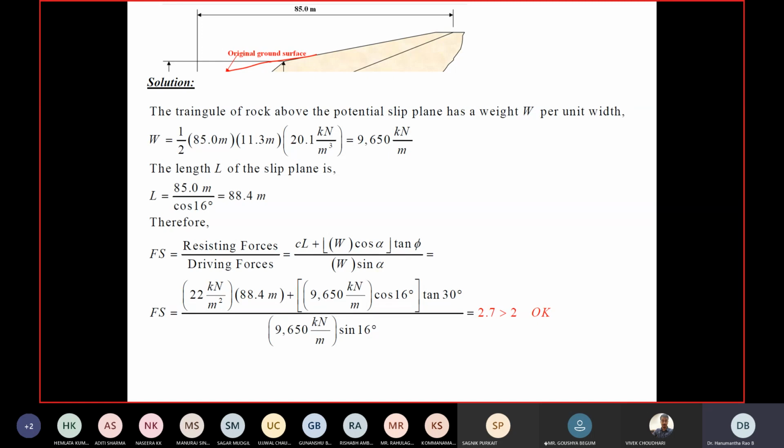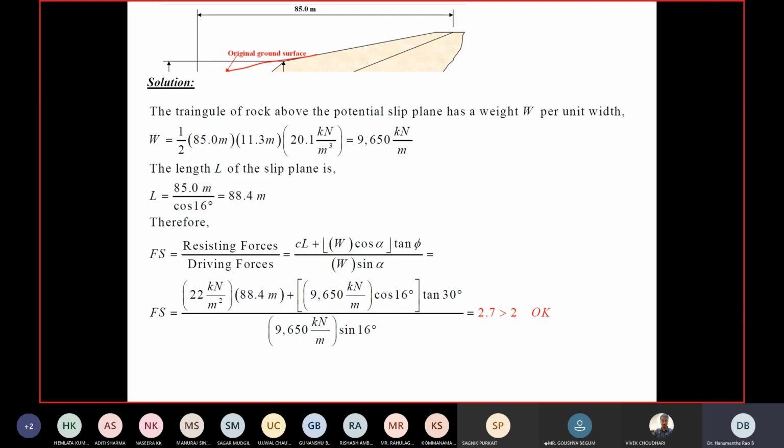C multiplied by L, then the normal component is W cos alpha, multiplied by the frictional component, tan phi, divided by the driving component, that is W sin alpha. So simply resolve the weight component W in the direction of the tangential force and in the direction of the normal force. That's it.